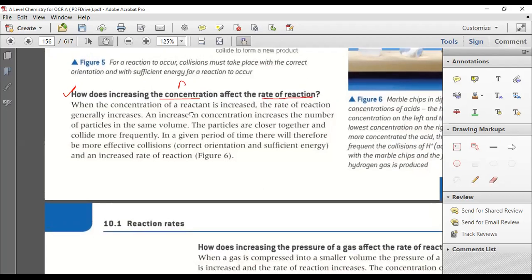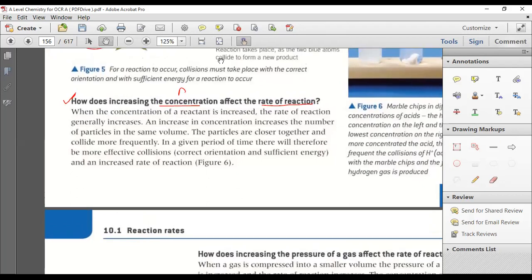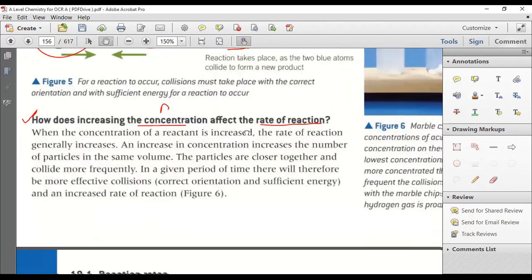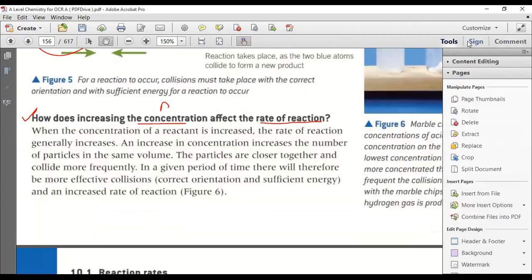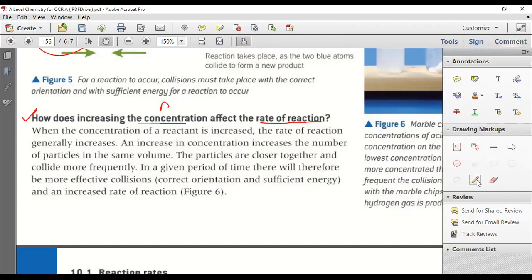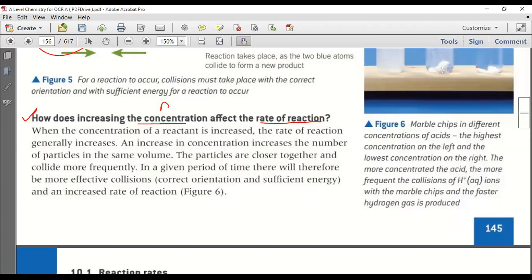When we have more reactants, we have more collisions. So more concentration means more reactant, and more reactant means more collisions. In this way, if the reactant concentration is more, then the rate of reaction will be higher, or there are more chances of a reaction occurring.